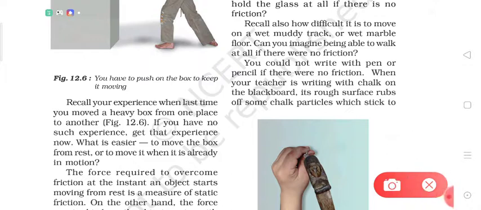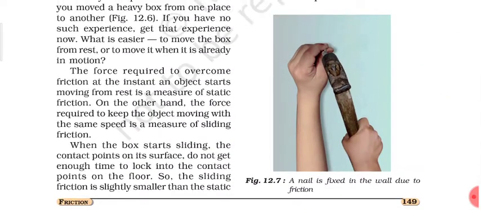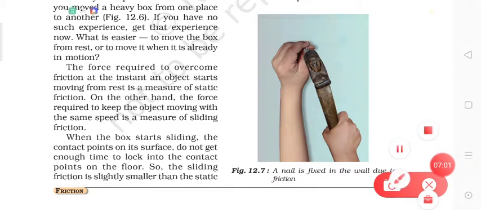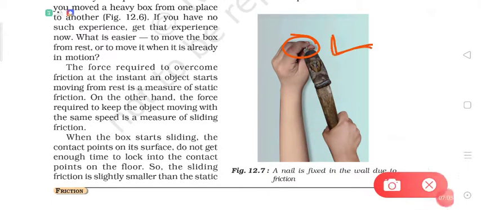In the same way, you will experience that the friction between the iron nail and the wall is very important. Why?